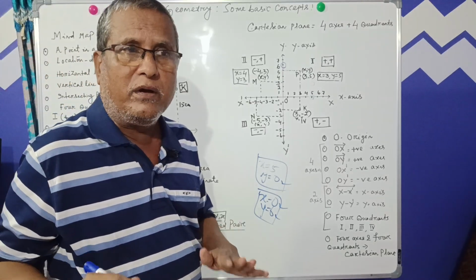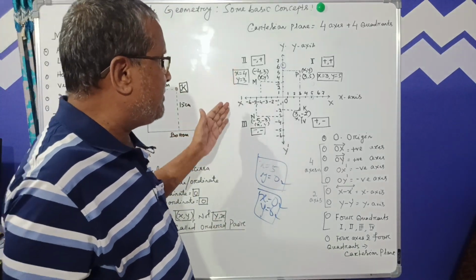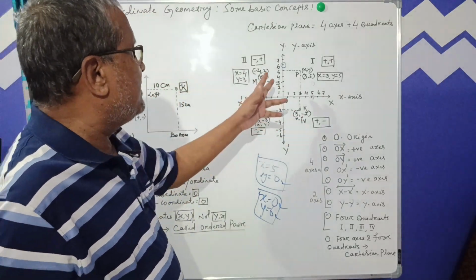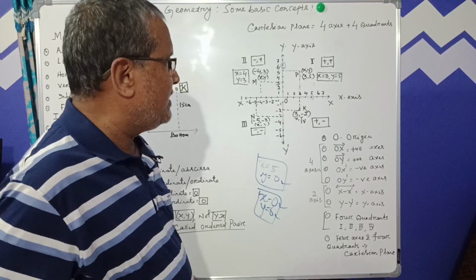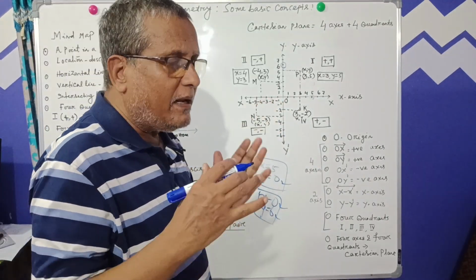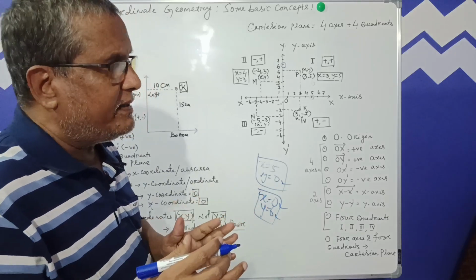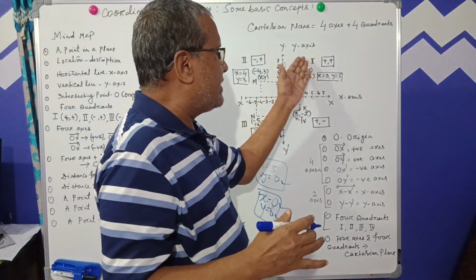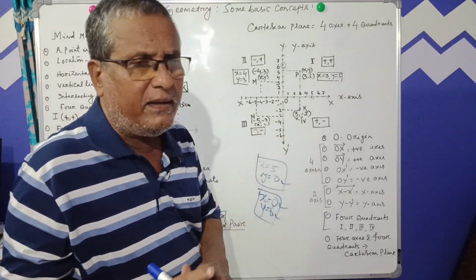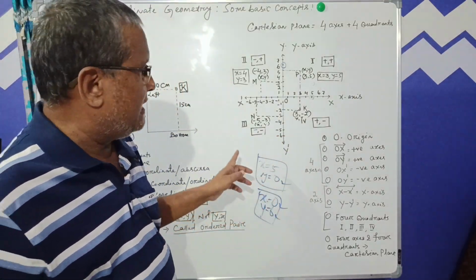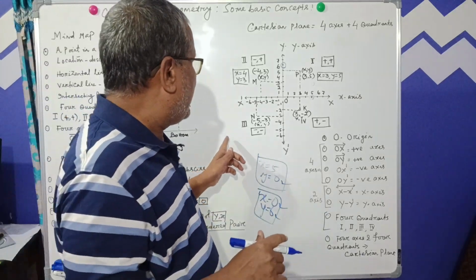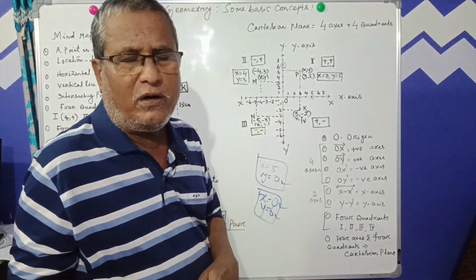Now we conclude that in a Cartesian plane there are 2 axes, 4 quadrants and 1 origin. And we describe a point, which may be located in quadrant 1, quadrant 2, quadrant 3 or quadrant 4, by 2 coordinates, the x coordinate, otherwise called abscissa, and the y coordinate, otherwise called ordinate.